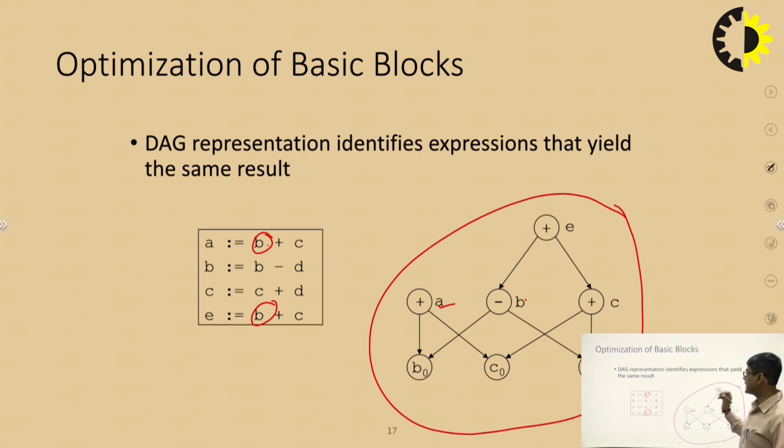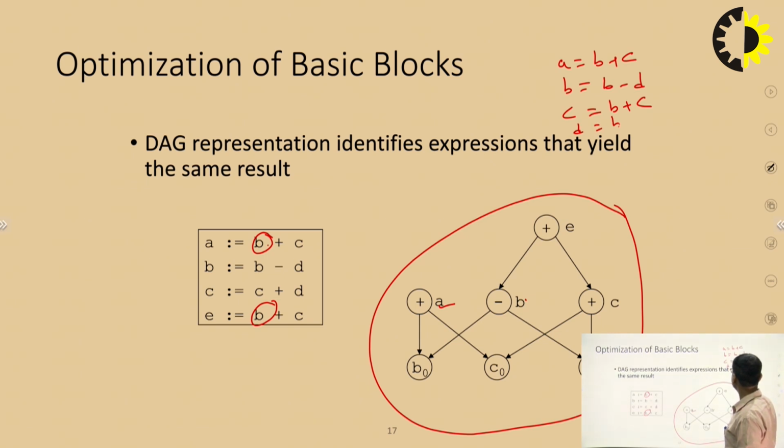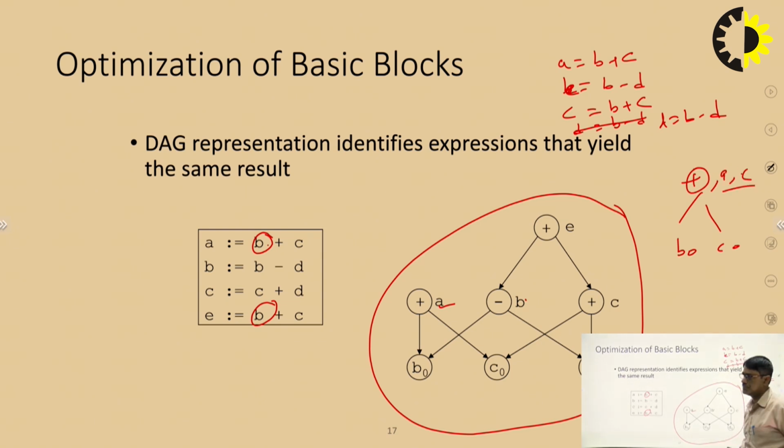But suppose we write A equals B plus C, then B equals B minus D, then C equals B plus C and D equals B minus D. Here you can take D equals B minus D, because the value of B has changed. Suppose we use E equals B minus D and C equals B plus C. When you design this B plus C, B naught is here, C naught is here, plus is here, and A and C are on the same level.